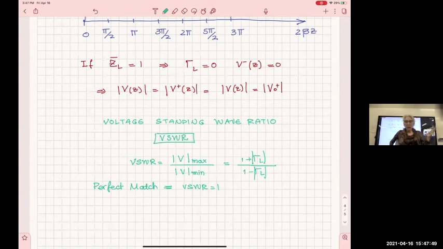In that case, what happens to VSWR? Infinite, theoretically. That means VSWR.